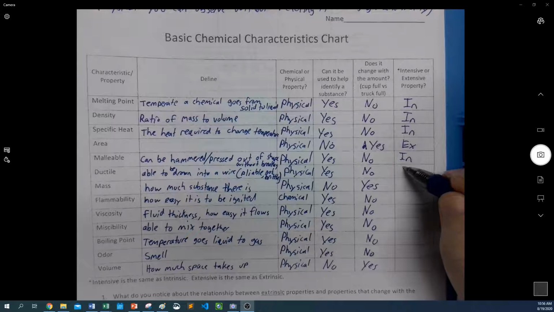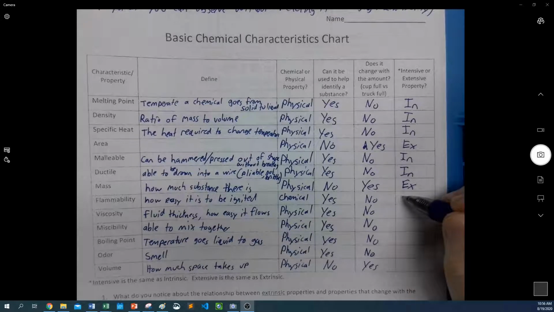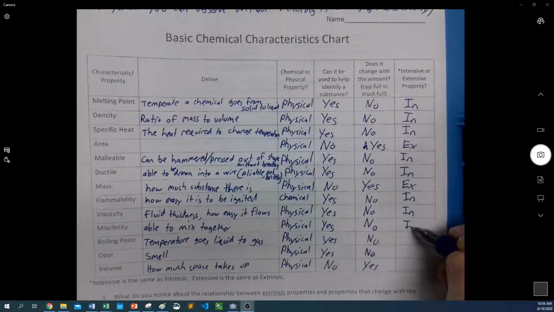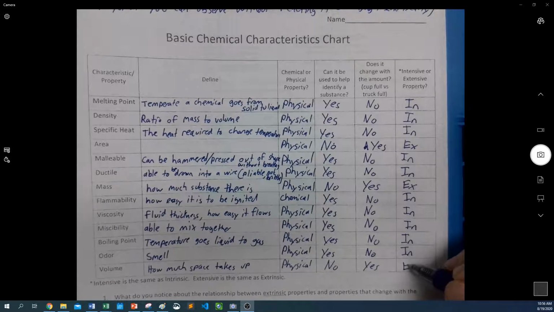Ductile. Mass. Flammability. Viscosity. Miscibility. Intensive. Boiling point. Also intensive. Odor. Also intensive. And volume is extensive.